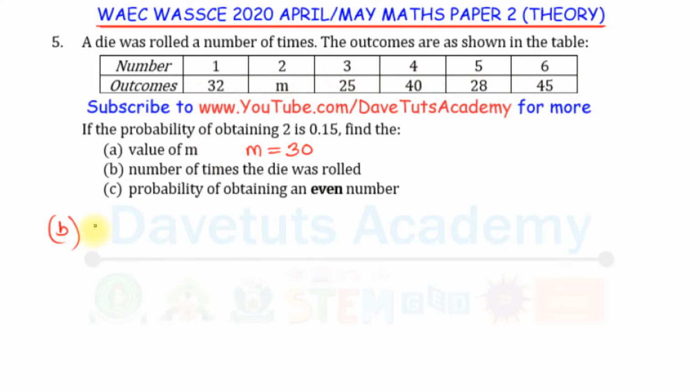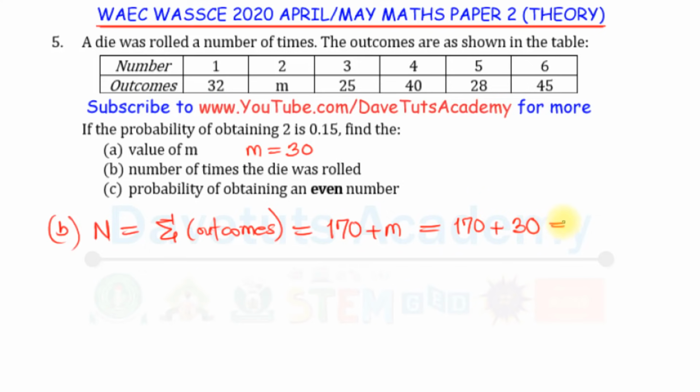If you recollect, we have just gotten the addition of all of these without m to be 170, and if we add m to it, it's 170 plus m, and the value of m is 30. So the number of times the die was rolled is 170 plus 30, which is 200.